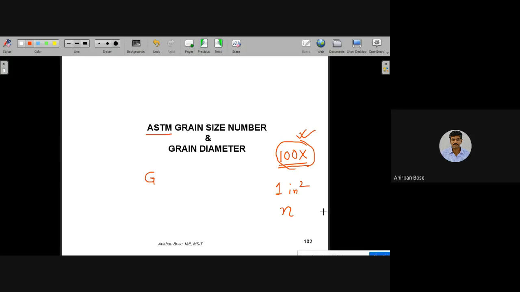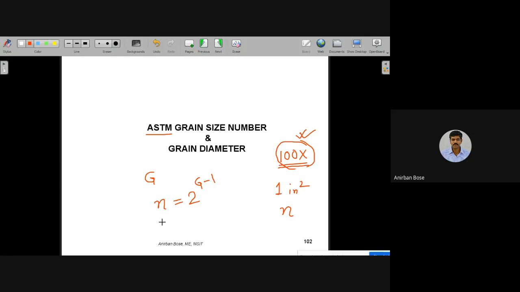So if you observe 1 inch square through a 100 magnification microscope, and you count that n grains are present, then n is equal to 2 to the power G minus 1. This is the definition of the ASTM grain size number.